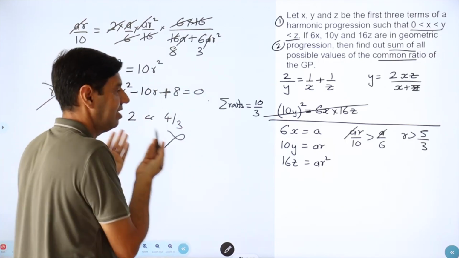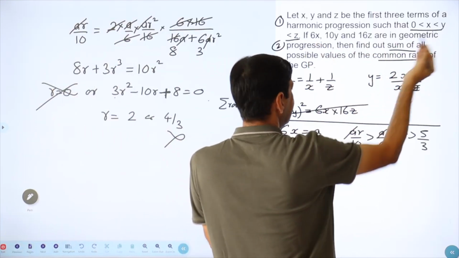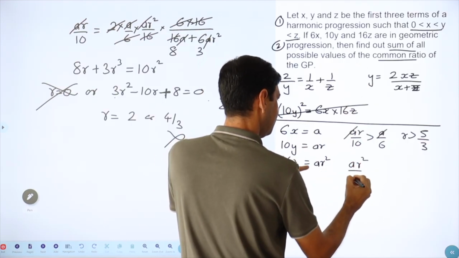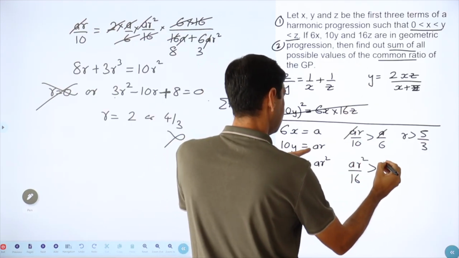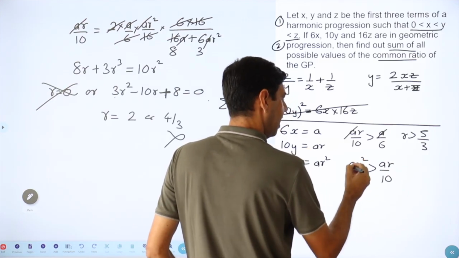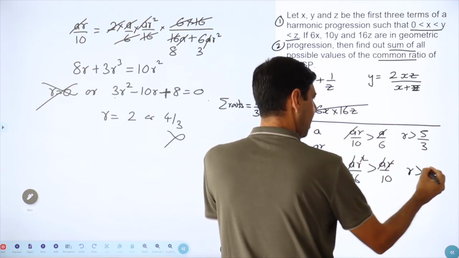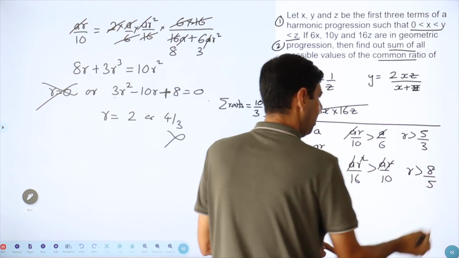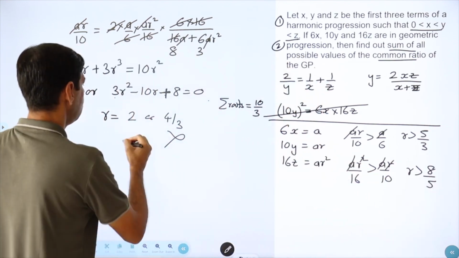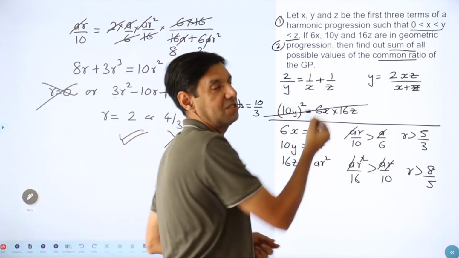Let's see whether the other root also gets eliminated. Z is more than y. So z, AR square by 16, is more than y, AR by 10. So the A cancels out, the r cancels out, and you get r is more than 8 by 5. 8 by 5 is 1.6. So 2 will work, and this is the only possible value of r. So the sum is going to be 2.